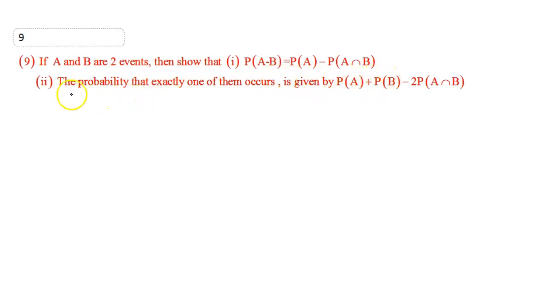And second condition, the probability that exactly one of them occurs is given by P of A plus P of B minus 2 times P of A intersection B. Right.